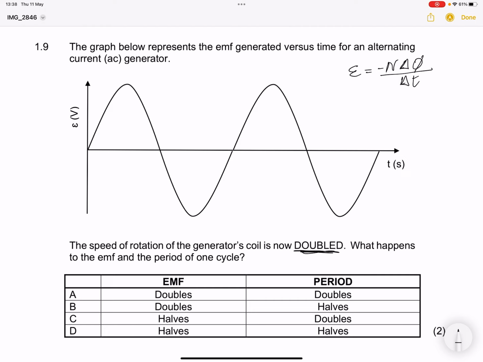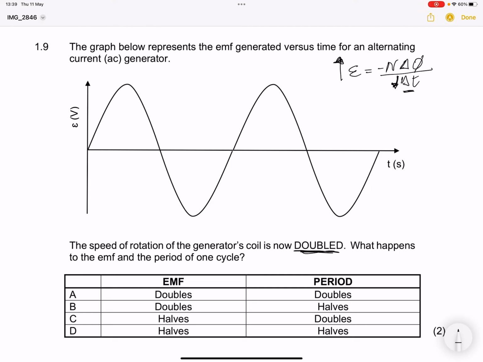By increasing the speed, it means you are taking less time to complete one cycle, right? So that means that the change in t is going to decrease, okay? Remember, the more you increase the speed, the shorter the time it takes to complete one cycle, right? But remember, what happens when you decrease the time or when you increase the speed? The value of the EMF also increases, right?